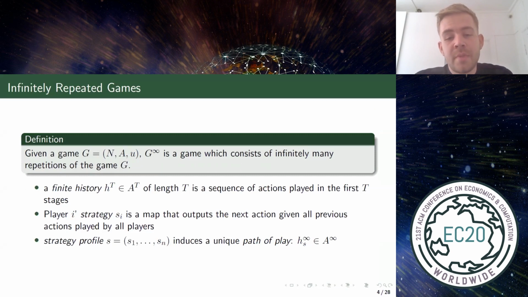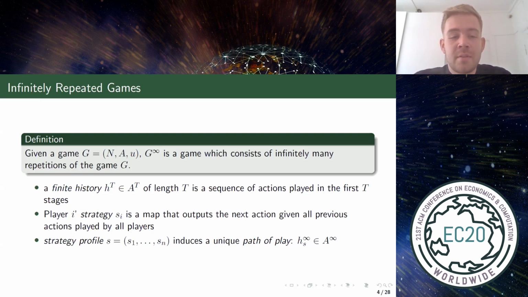Given a game G, we denote G infinity a game that consists of infinitely many repetitions or stages of the same game G. A finite history of length t is a sequence of t action profiles played in the first t stages.